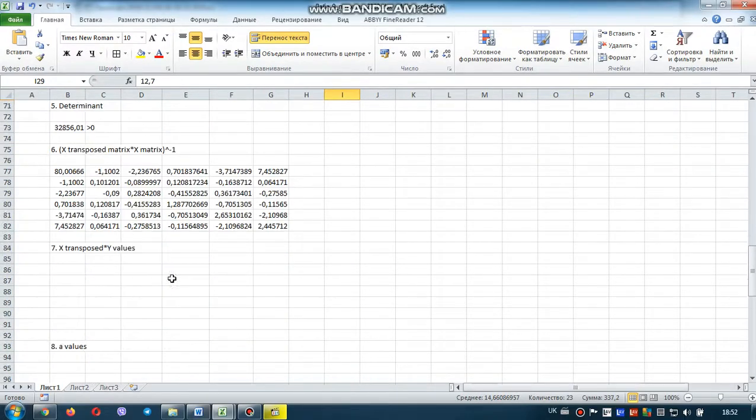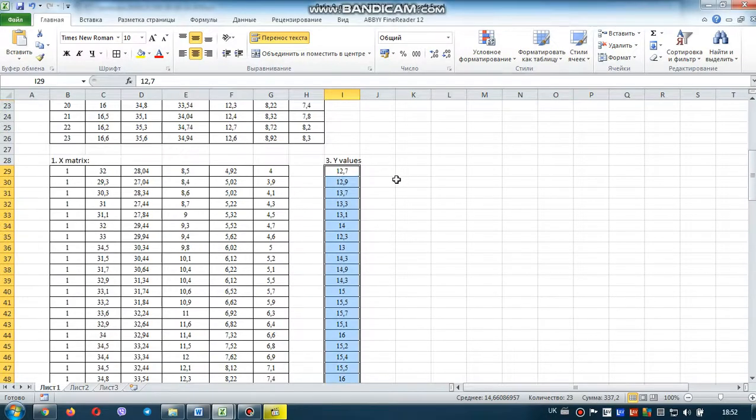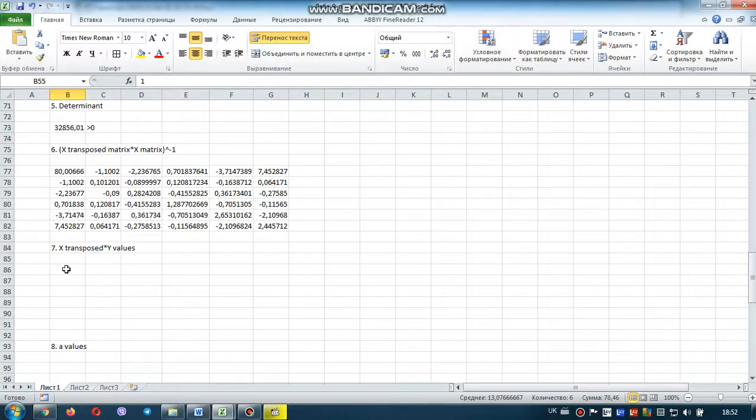So let's try. But you have to know that there is only one column of y values and only 6 rows of the X transposed matrix. So our final matrix will be of 1 column and 6 rows. So let's do it.